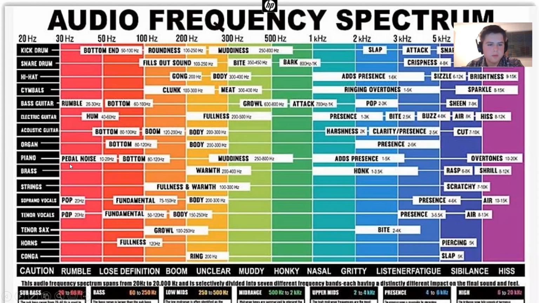So let's say you play piano, what would show up when you record it is from 20 to 50 hertz, 60 to 250. You would see a little bit of mid-range, like 2 to 4 kilohertz, and maybe a little bit of overtones. Okay, so this is the frequency spectrum.